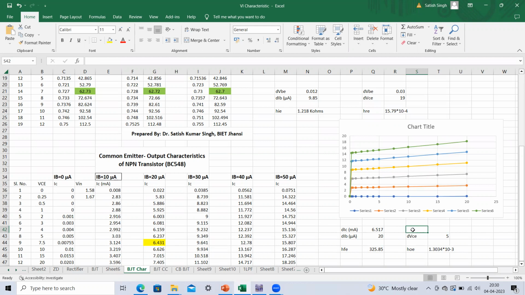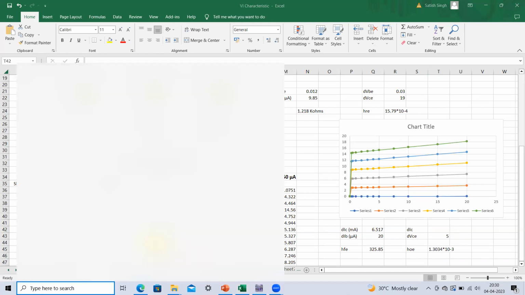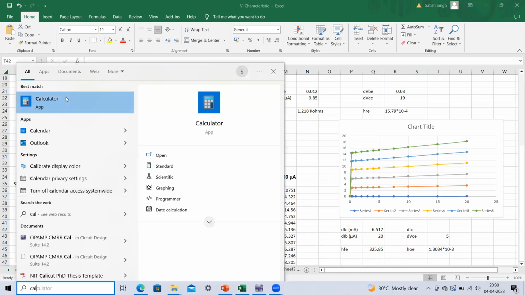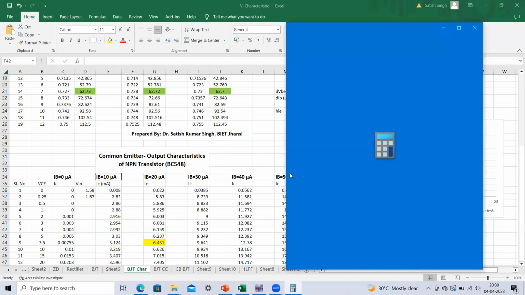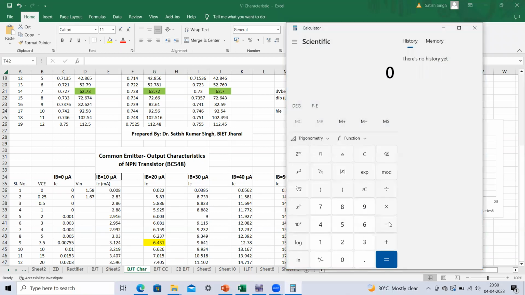So this delta IC, we calculate the delta. This value you might be getting is 6.626 minus 6.237. If you subtract this value, let me turn on this calculator. Okay, if you subtract these two values, 6.626 minus 6.237, you'll be getting how much it is.